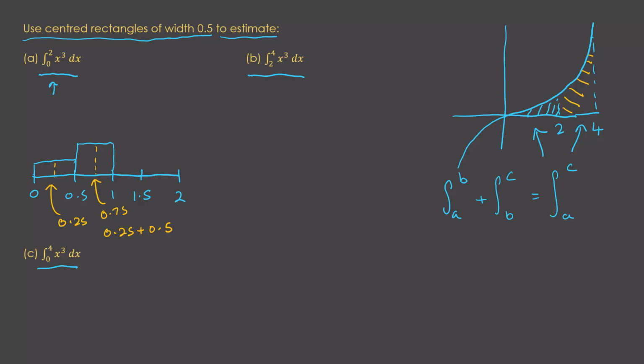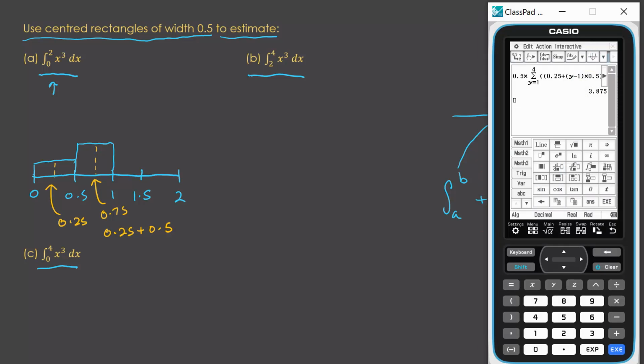So if we look at that on the calculator, the width of my rectangles is 0.5, and then I've got 4 rectangles, so I've got y equals 1 to 4. The first one starts at 0.25. When y is 1, that will just be 0.25 because we'd have 0 times 0.5. But when y is 2, we'll have 0.25 plus 1 lot of 0.5, which is 0.75.